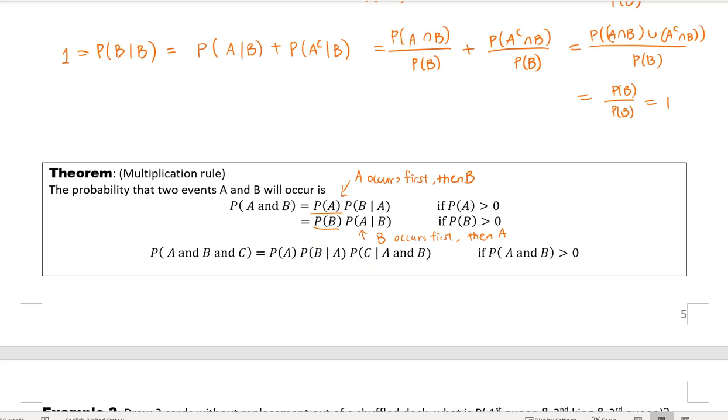To help you memorize this multiplication rule, I'm going to call it by a nickname, the breakfast rule. Suppose you want to eat apple, banana, and carrot for breakfast. You can eat apple first, and then after you eat apple, you eat the banana. After you eat the apple and banana, you eat the carrot. You cannot put 3 things in your mouth at the same time, so you eat one by one.